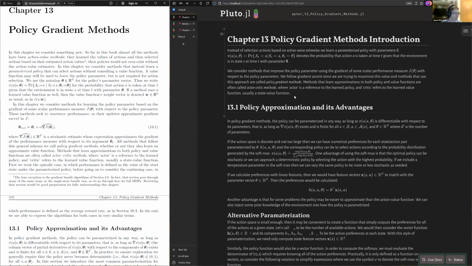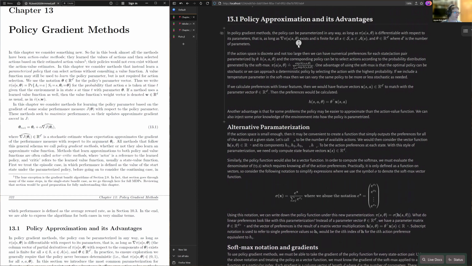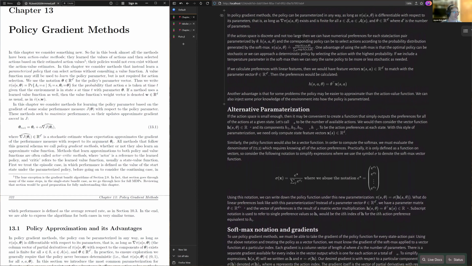Before we actually get into it, it's helpful to go through some of these definitions. In order to apply these techniques, pi is going to be the policy function we're using, and we're going to end up having to take the gradient of pi with respect to the parameters theta.